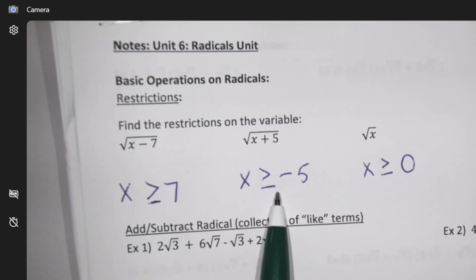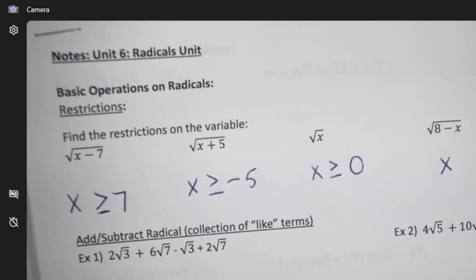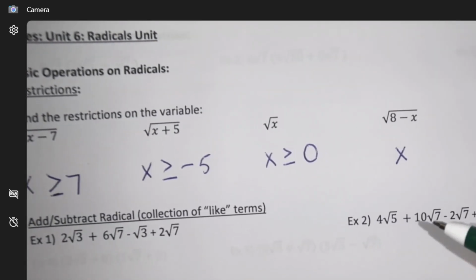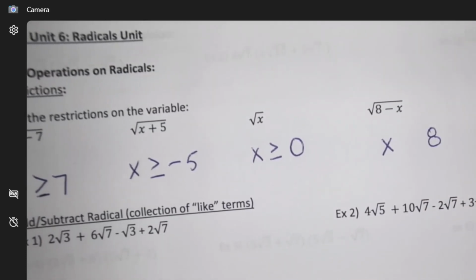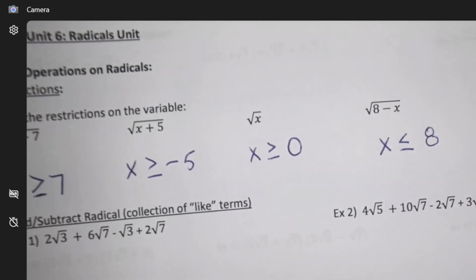No, not the next one. Okay, here, what makes this 0? An 8, because 8 minus 8 is 0. But this time, I actually want to be less than or equal to 8. So think about numbers.